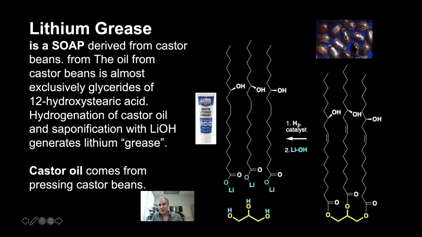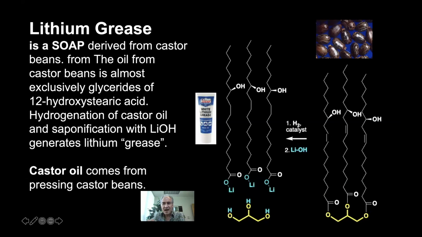from castor oil, which is pressed from castor beans. So over here on the right side of your screen is the chemical structure of castor oil. And it looks like a fat, a little bit like a lipid from the molecules that you find on the outside of cells, but it's really a fat molecule. But unlike the fat molecules that you find in your body, all three chains on this triester, that's what a fat is, it's a triester of glycerol, all three of the chains are identical.